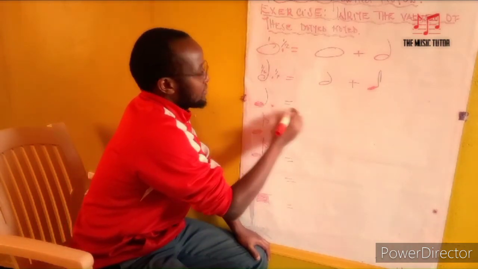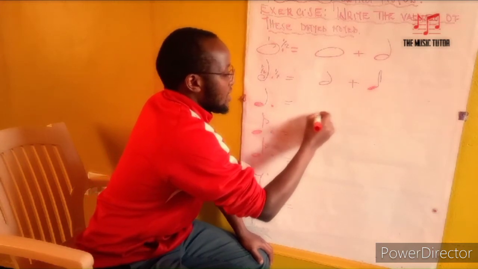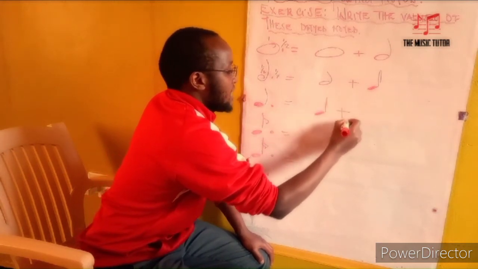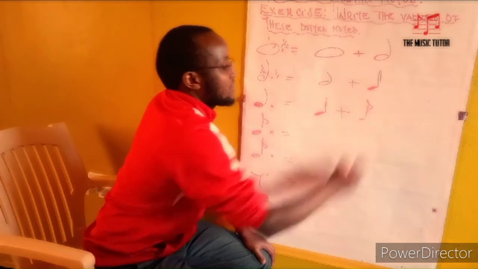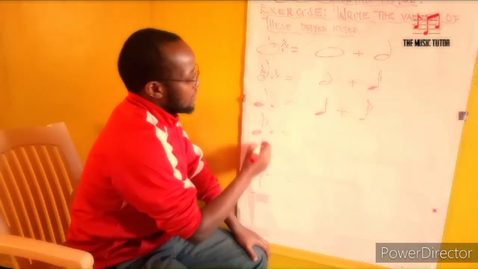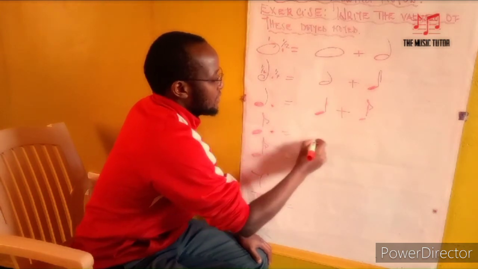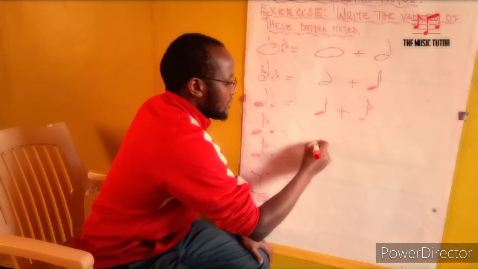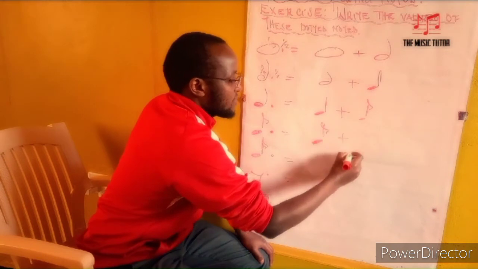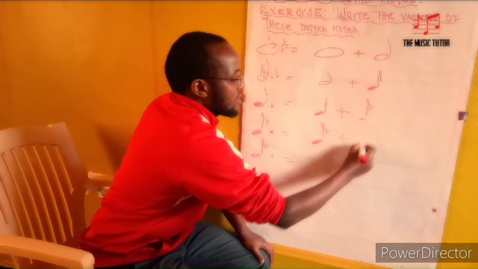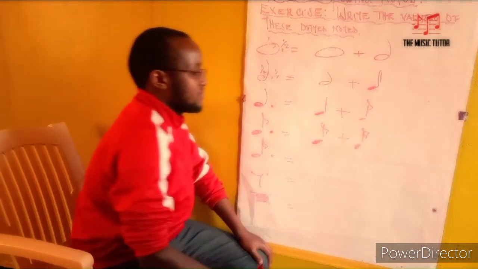Dotted crochet should be a whole crochet plus a quaver. The dotted quaver should be a quaver plus half of a quaver, which is a semi-quaver.